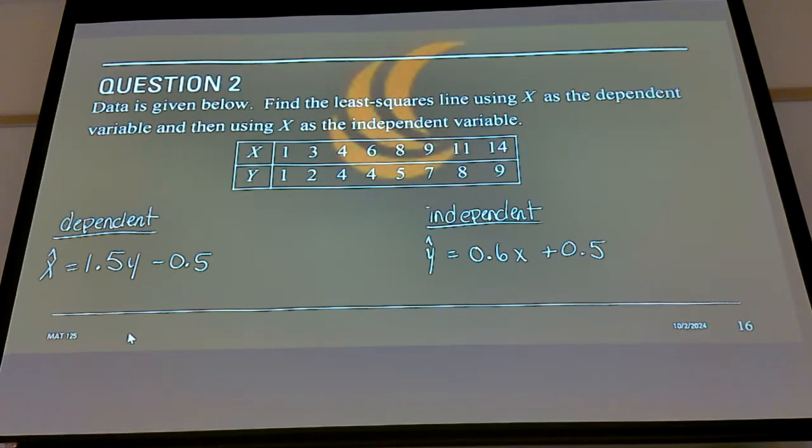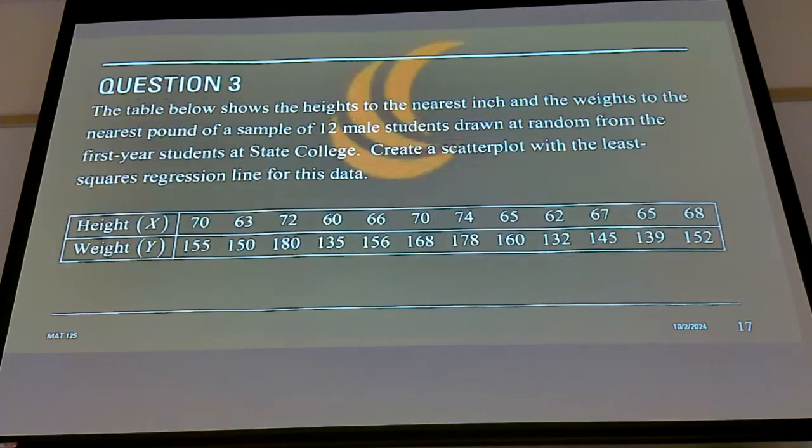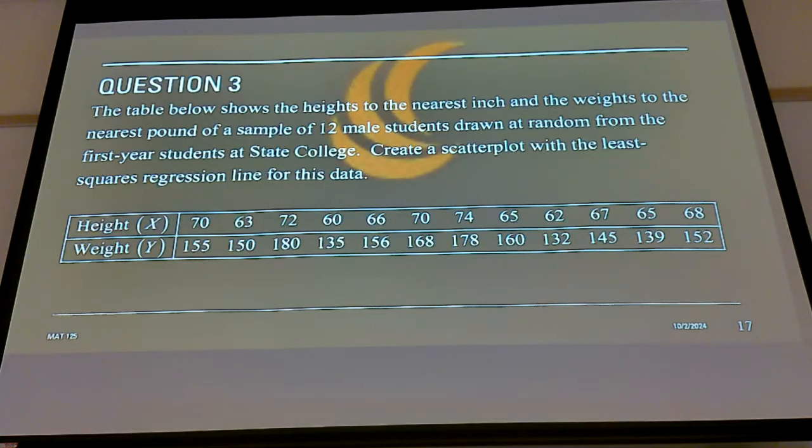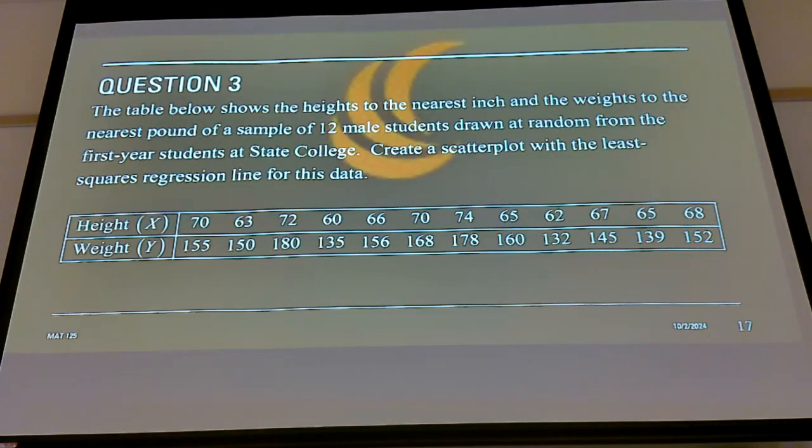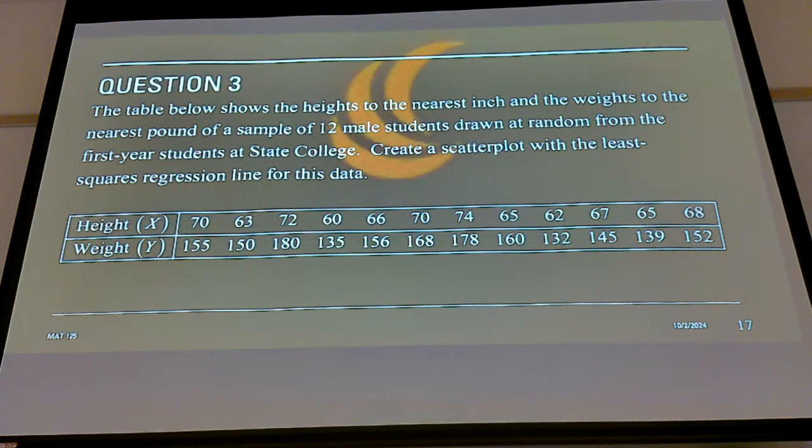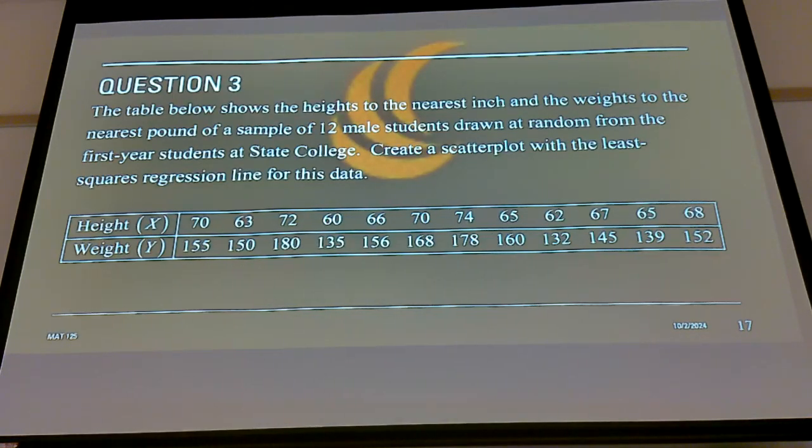And we're back. The table below shows heights to the nearest inch and weights to the nearest pound of a sample of 12 male students drawn at random from the first-year students at State College. Create a scatter plot with the least squares regression line.